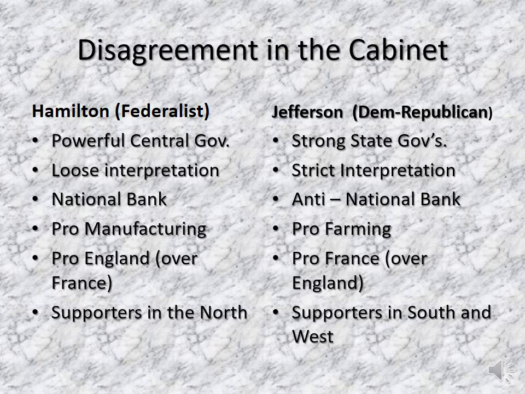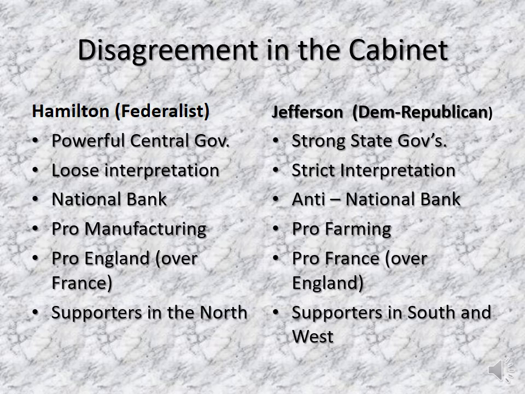On the other side, Thomas Jefferson and quote unquote his political party that starts to emerge, they call themselves the Democratic Republicans, which would be kind of obviously a little confusing in today's terms. But they favored strong state governments. They wanted a strict interpretation of the Constitution, and they were anti-national bank.